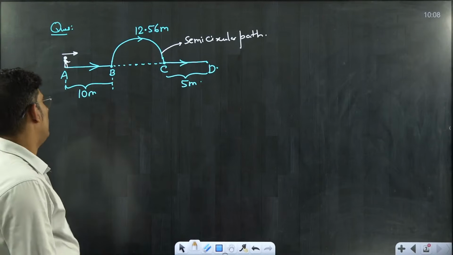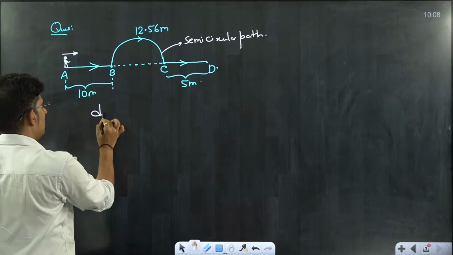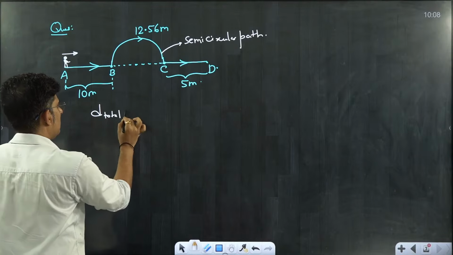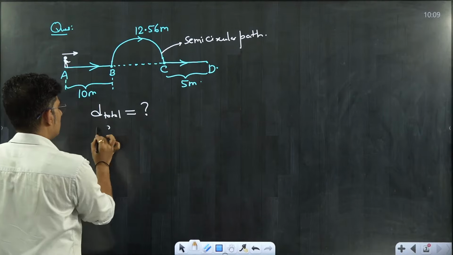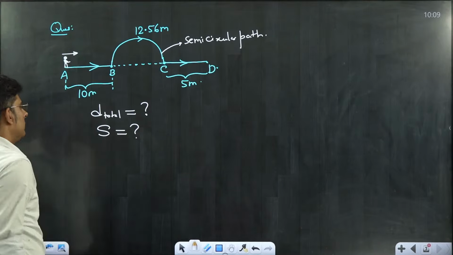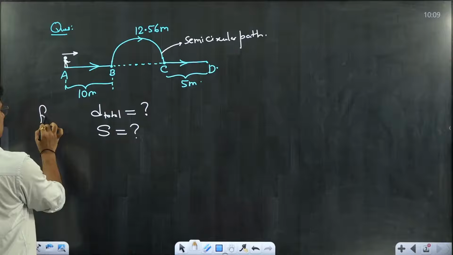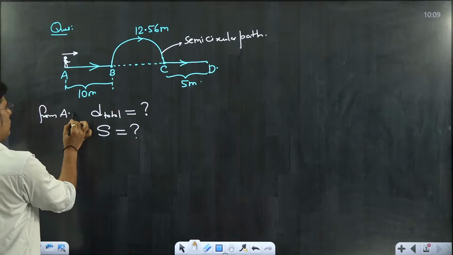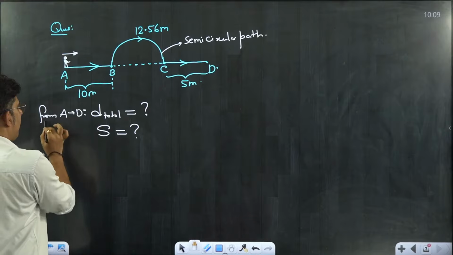So again, what is the total distance and also the displacement from A to D?